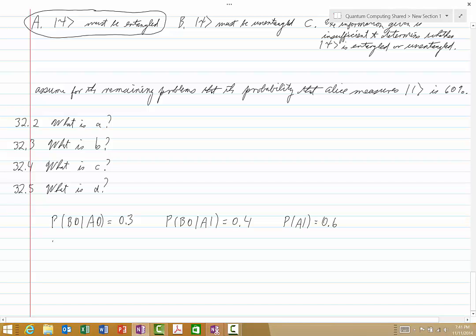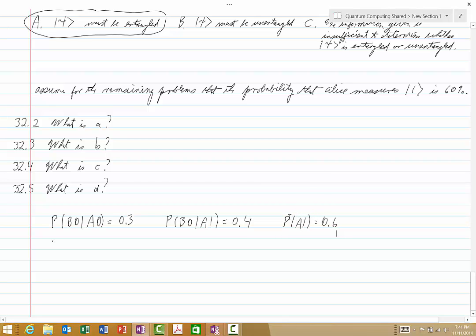And we will see that these three pieces of information plus one more observation will be enough for us to finish this problem. Let's go ahead and make that observation right now. Alice, of course, can only measure a 1 or a 0.